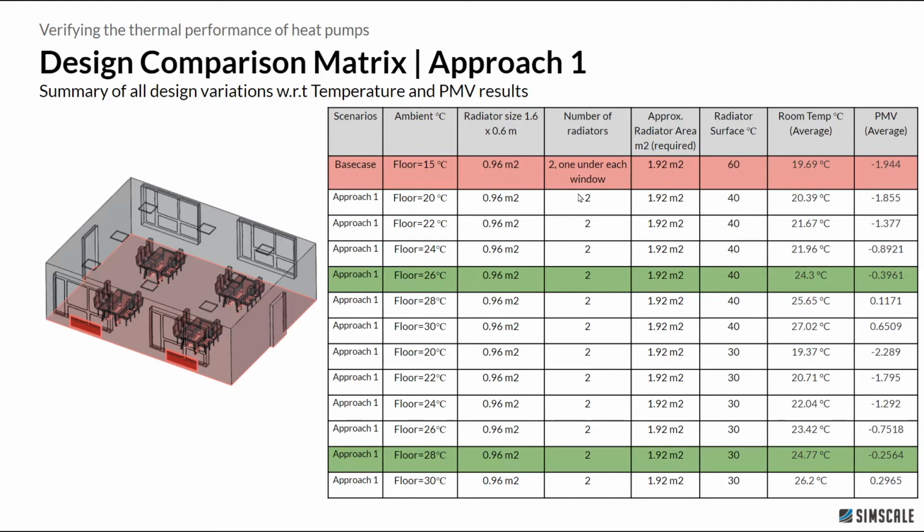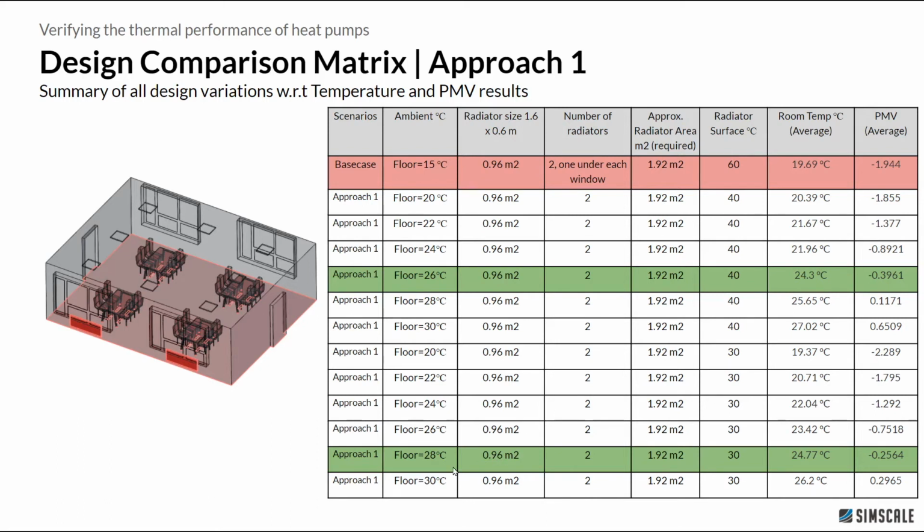The first configuration is the floor at 26 degrees Celsius and the surface temperature of the radiator at 40 degrees Celsius. Here we achieve a room temperature of 24.3 degrees Celsius, which is in line with the design criteria, as well as the PMV, which is minus 0.3, also in line with the design criteria.